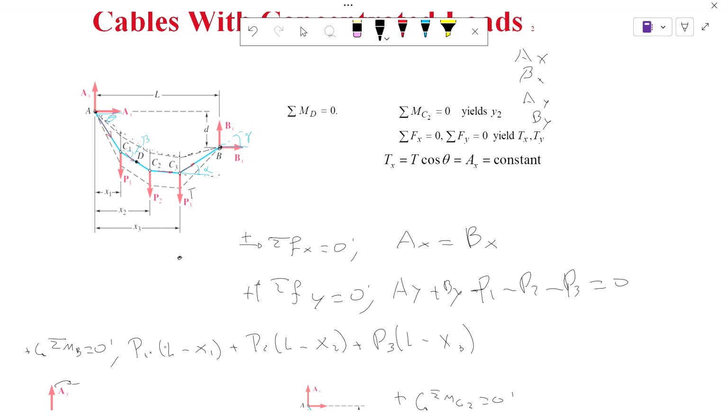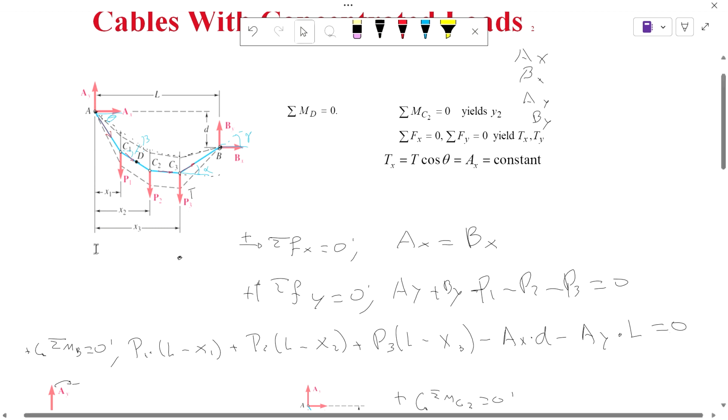All of this information is known. The loads, the distance L, the distances X1, X2, and X3. What is not known are AX and AY. So for that, we have the negative contribution of AX, which is AX times D minus AY times L. This is equal to 0.